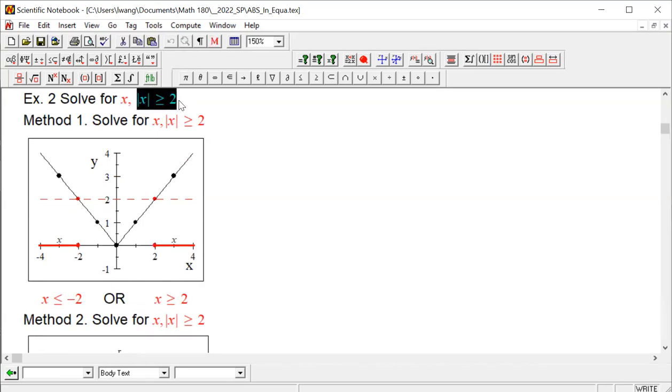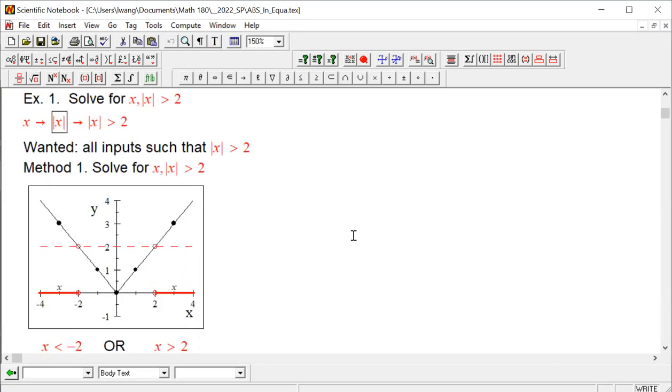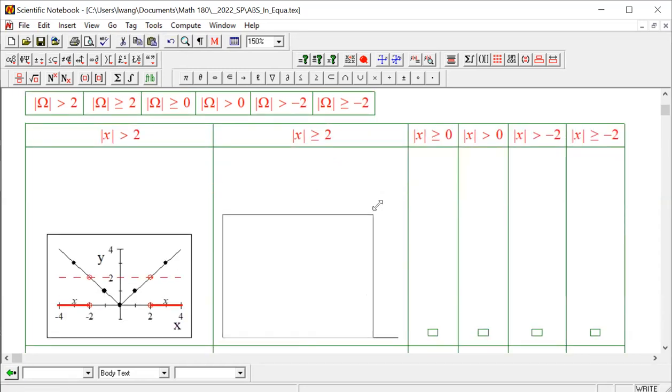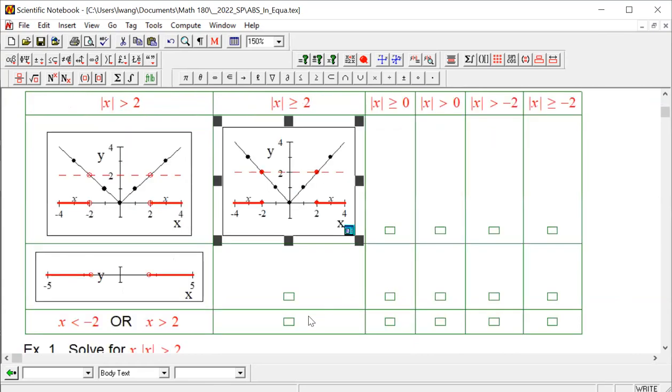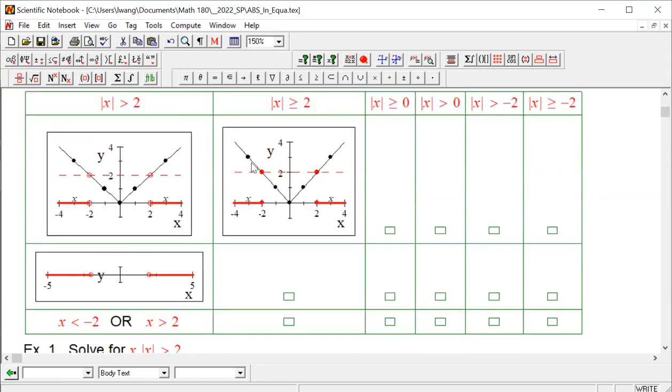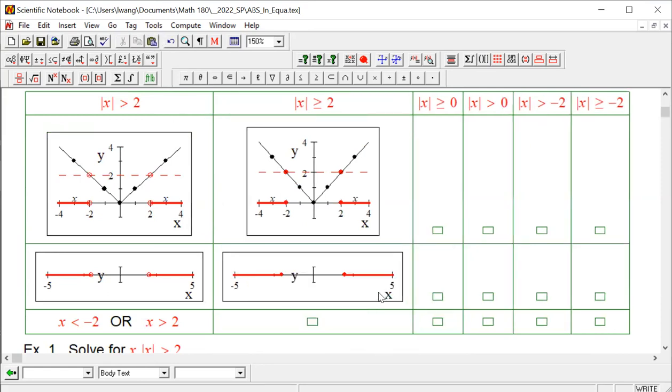So greater than or equal to 2, I'm going to put it in our table, and the solution is almost the same, but less than turns into less than or equal to, and greater than turns into greater than or equal to.